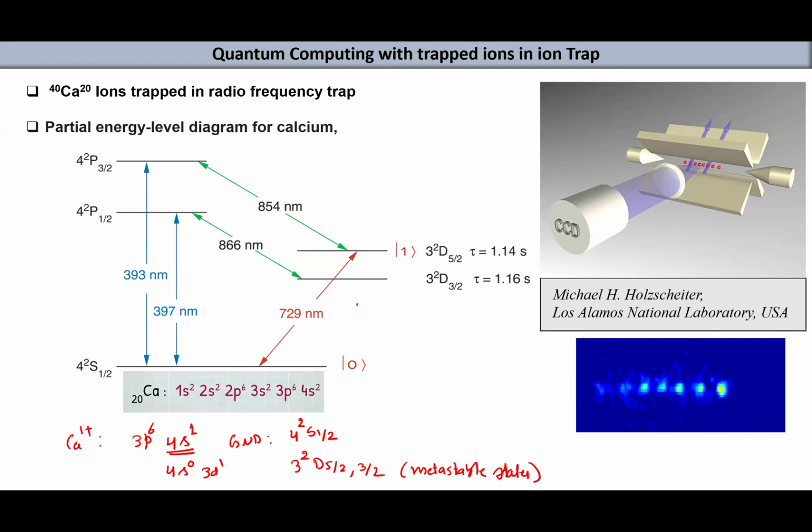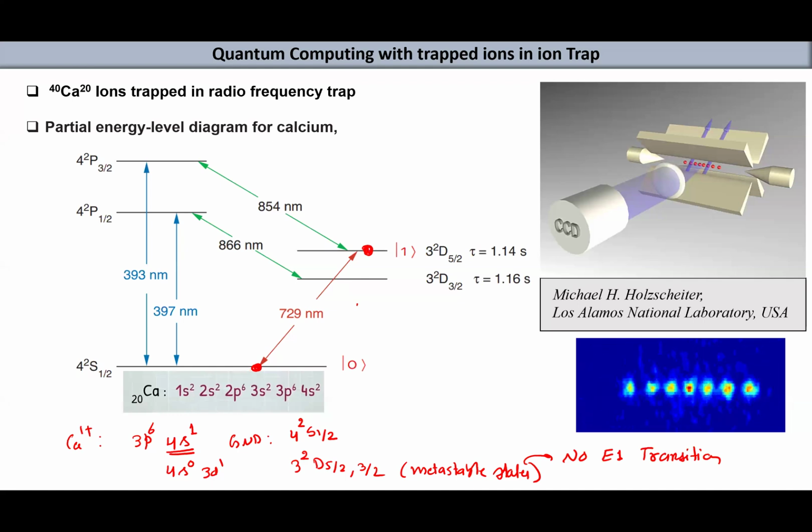So when I say metastable states, it means no electric dipole transition. Between this state and this state, there cannot be any electric dipole transition.